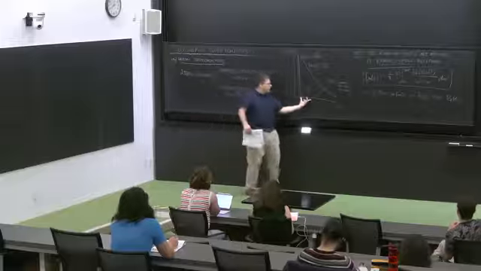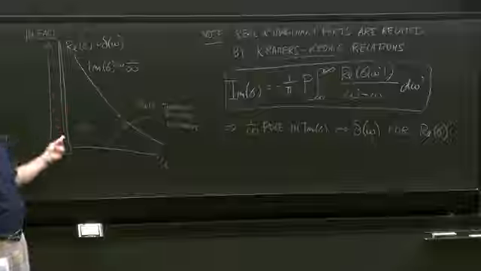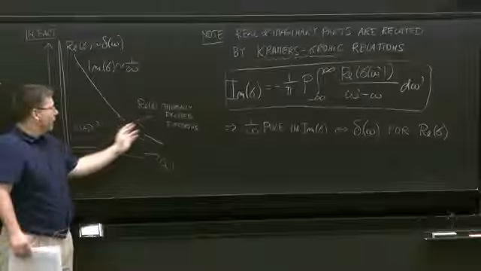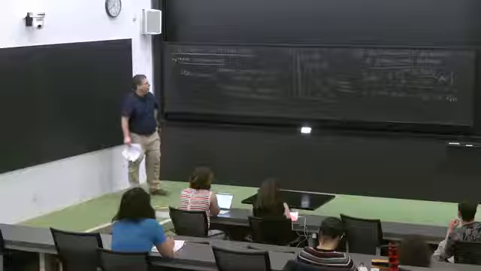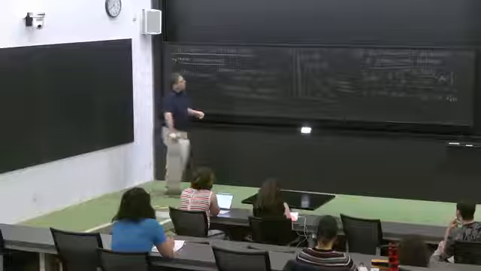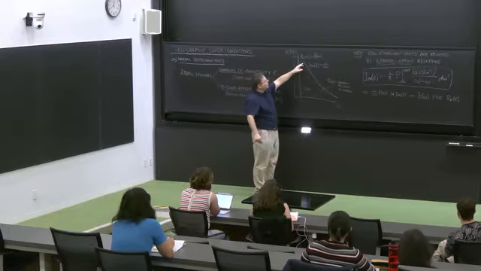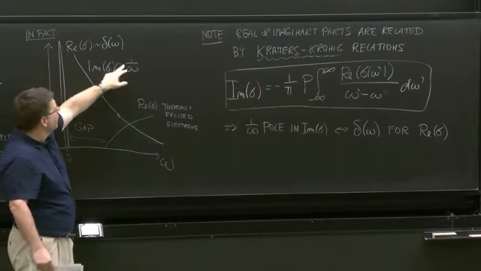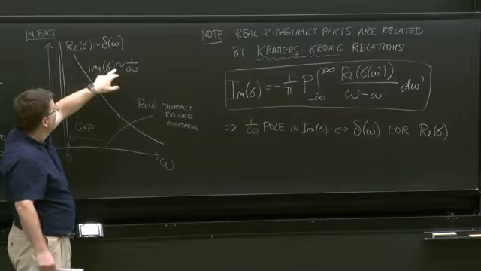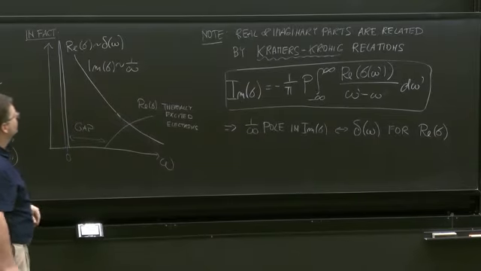Basically there is a huge gap, and it's a delta function for the real part. On the other hand, conductivity is a complex number, and the imaginary part goes like 1 over omega.